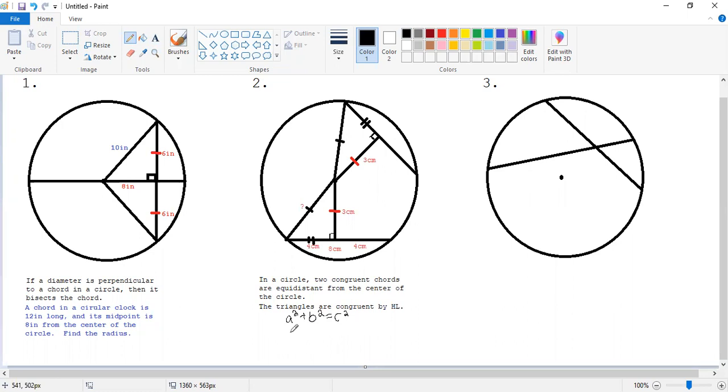So what we have is 3 squared plus 4 squared equals c squared. 9 plus 16 equals c squared. 25 equals c squared. And I'm going to come up here because I ran out of space. But 5 equals c. Right? Meaning that this is 5 centimeters here.